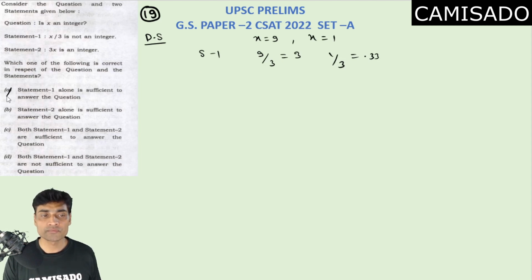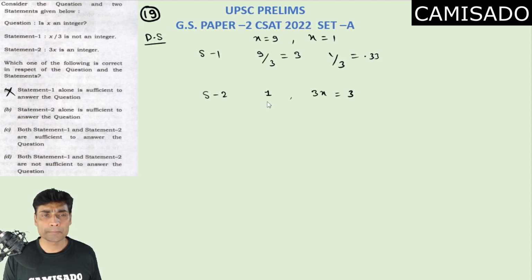Therefore statement 1 alone is not sufficient to answer the question. Now coming to statement number 2: 3x is an integer. Suppose again we take x equals 1, then 3x is equal to 3, an integer.